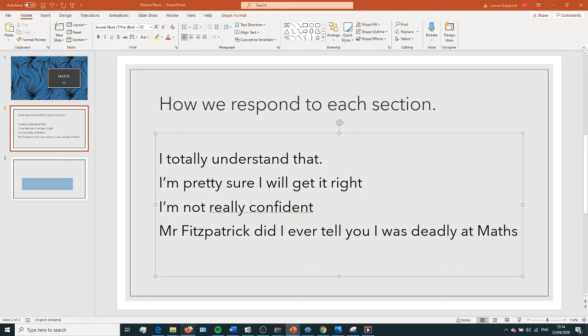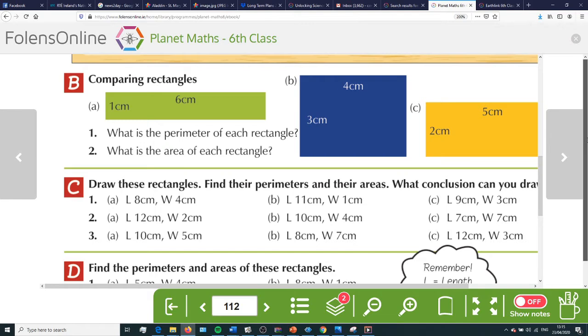Okay, let's take a look at the first couple of questions we had. Well, the first one was comparing rectangles. So what is the perimeter and area of each rectangle? So I always think of perimeter as if I'm decorating my house, and area as if I'm decorating my house.